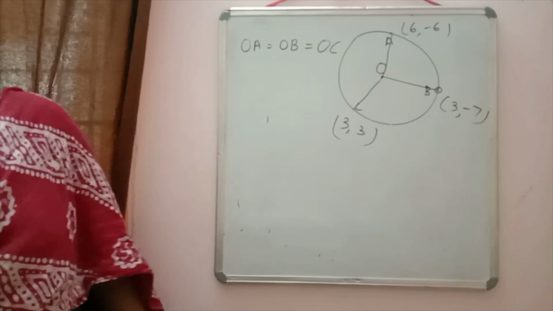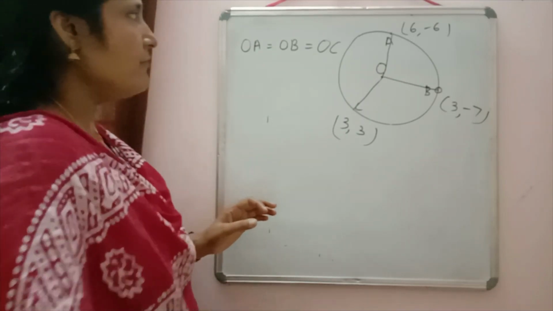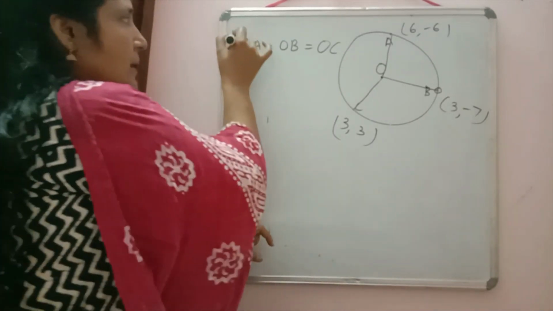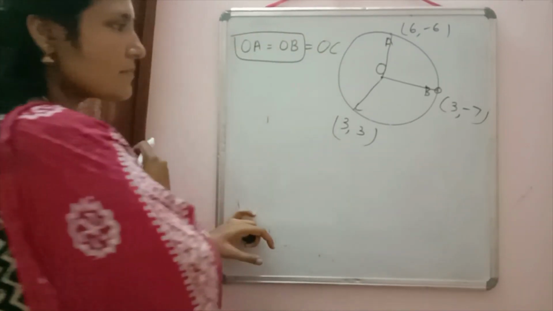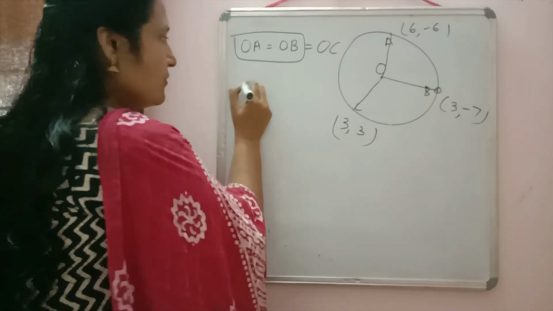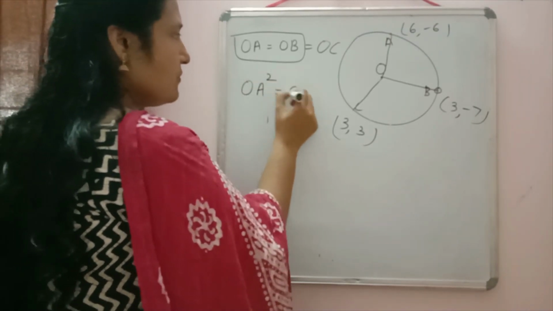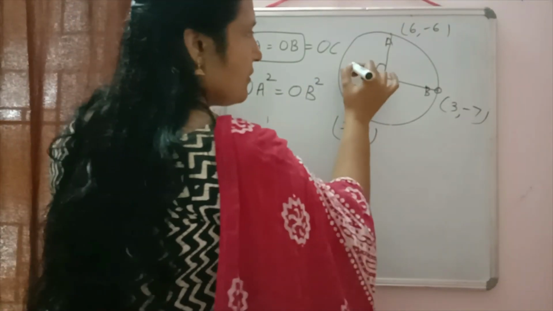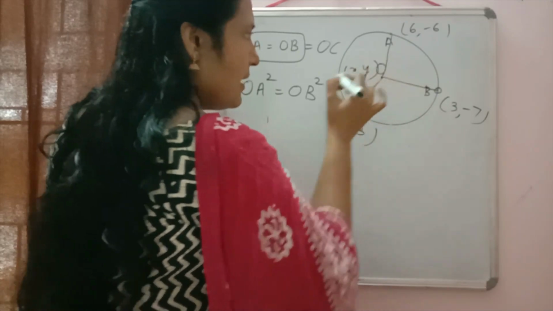Now we are going to use the relation OA is equal to OB is equal to OC. First I am going to use OA is equal to OB. To avoid the square root, we can do OA square is equal to OB square. The coordinates of O I am taking as x comma y.